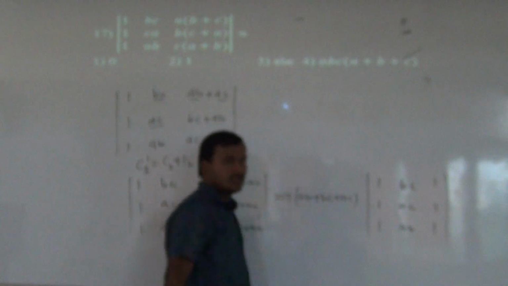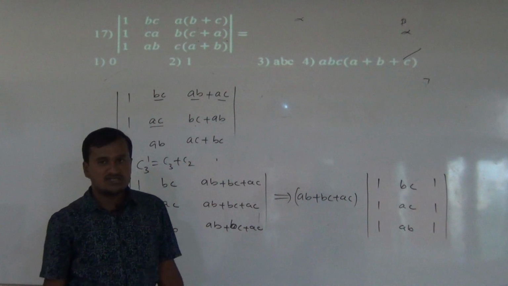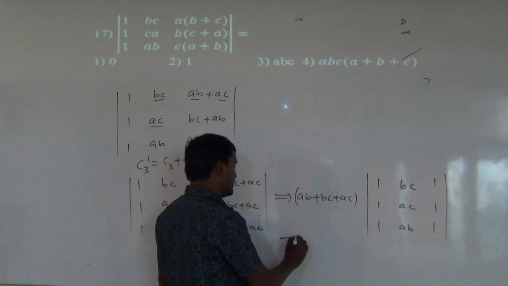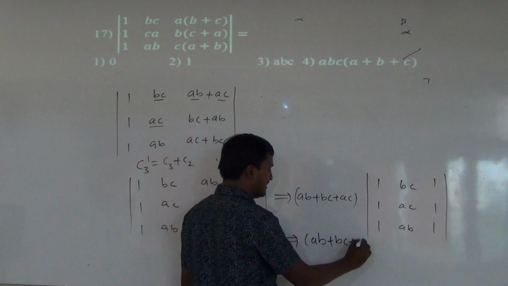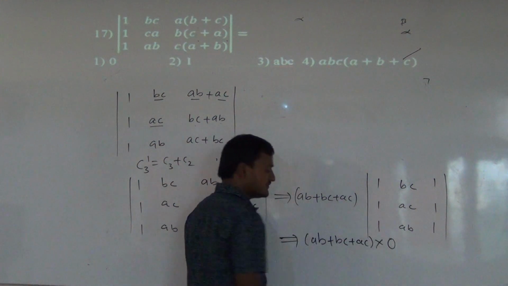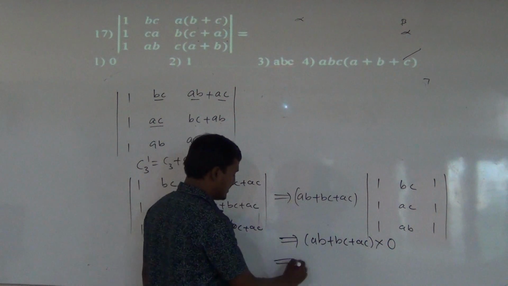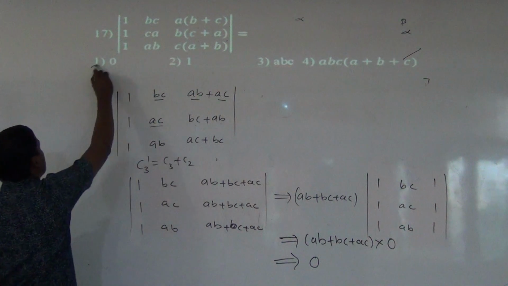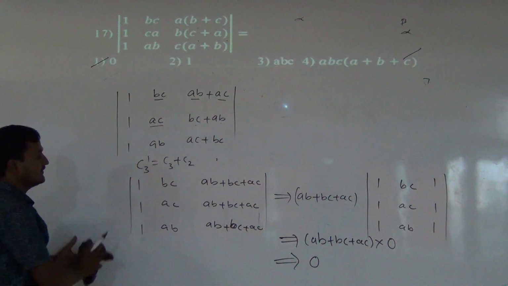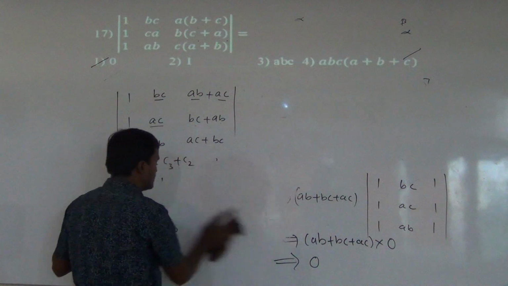Again here C1 and C3 are identical. You already know that if any two rows or columns are identical, then the value of the determinant becomes 0. So your answer is 0. Which one is the right one? First one is the right one. Okay, we'll go for the next question.